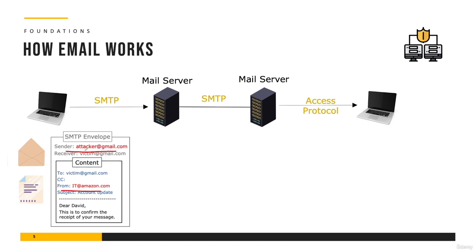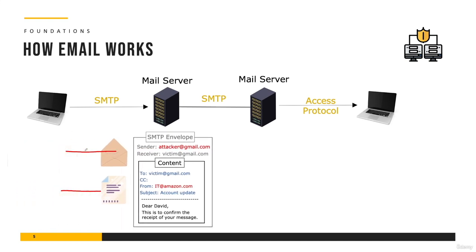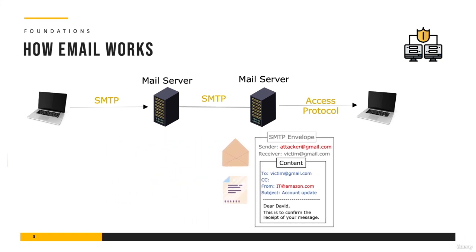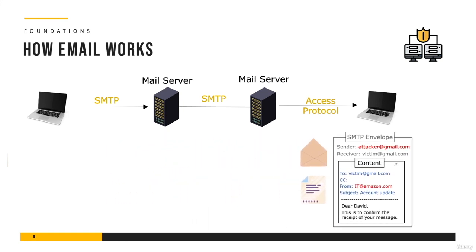And what happens is that, once this email is delivered to the end user, as we discussed previously, the content part would be visible to the user, and the user is going to think it is coming from IT@amazon.com. But here's a catch. If this user hits the reply button, the email would actually be sent to attacker@gmail.com.